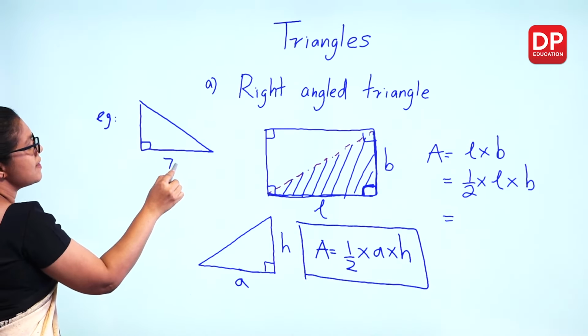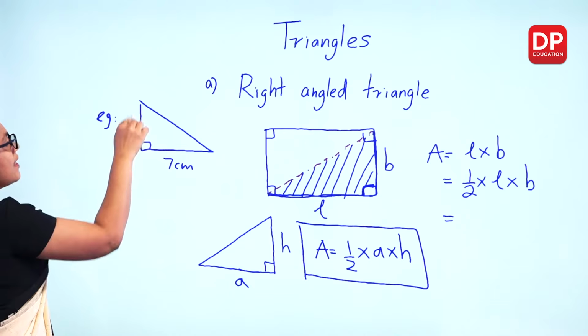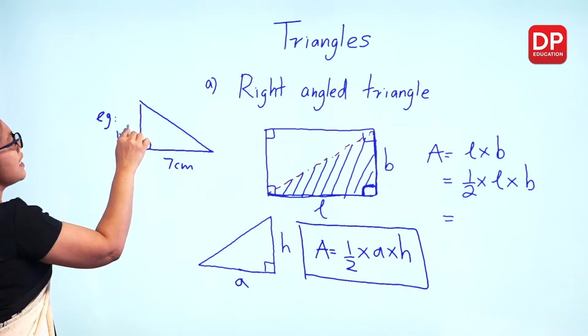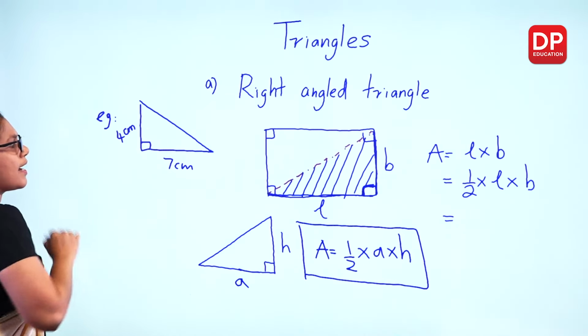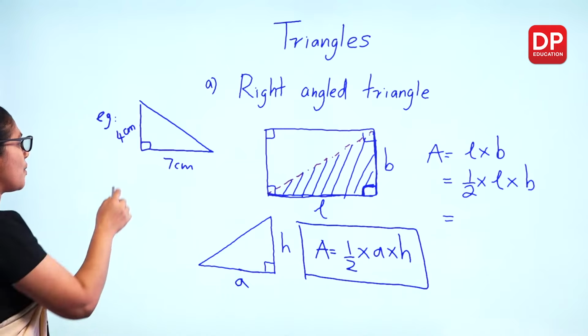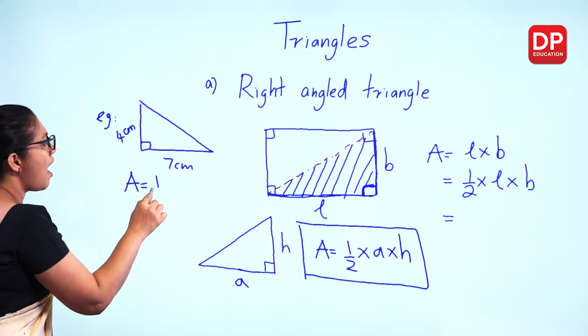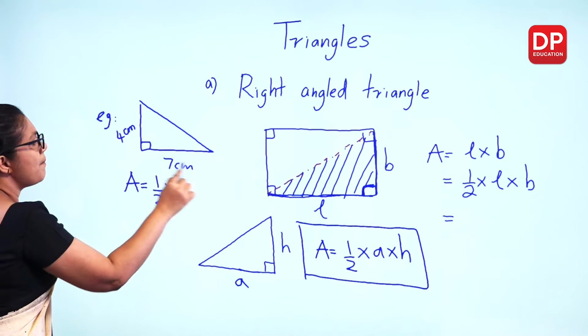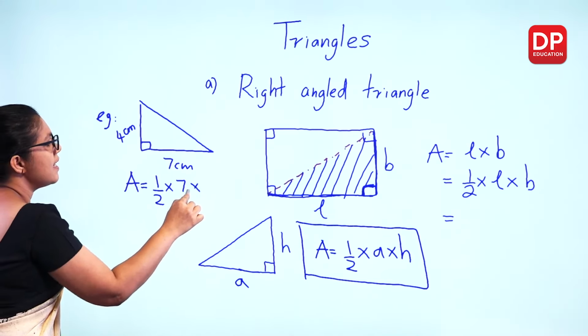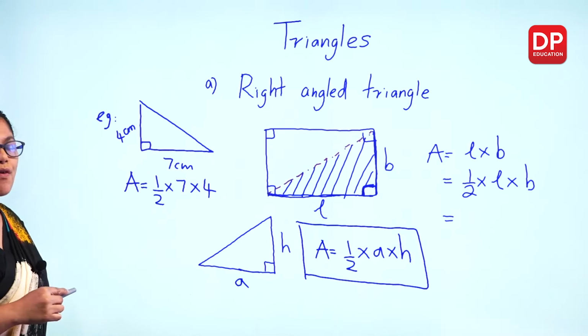One side is 7 centimeters and the other side is 4 centimeters. So this is the height, the perpendicular height. So what's the area? The area of this triangle is half times base length 7 and height 4.